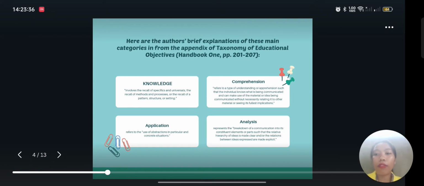Next we have application. It refers to the use of abstractions in particular and concrete situations. Analysis represents the breakdown of a communication into constituent elements or parts such that the relative hierarchy of ideas is made clear and/or the relations between ideas expressed are made explicit.